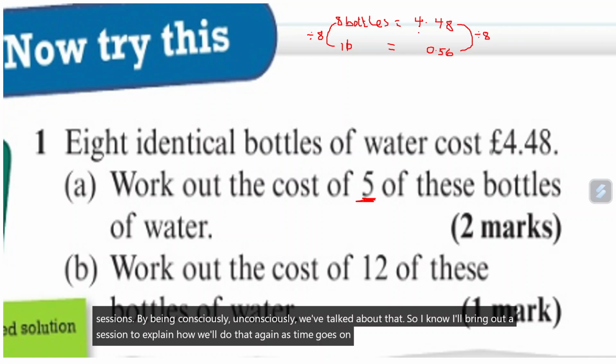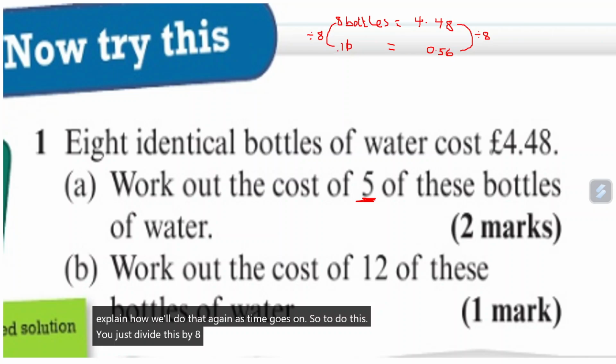So to do this, you just divide this by 8 to get this. Then to get the cost of 5, you multiply again by 5.